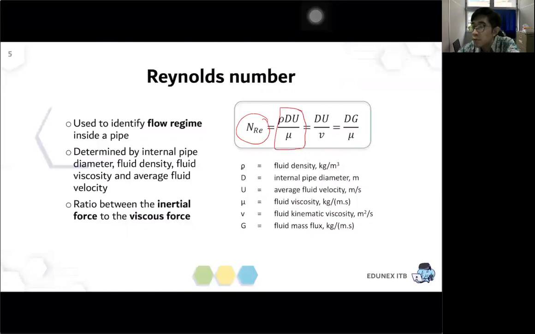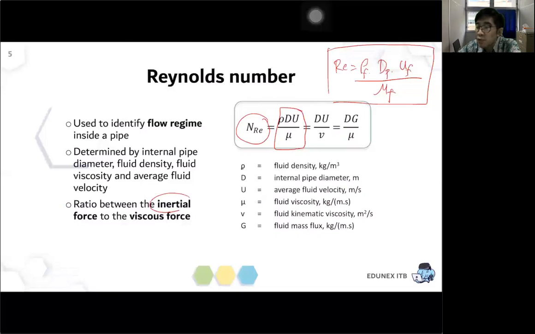Reynolds number equals density of the fluid times diameter of the pipe times linear velocity of the fluid, divided by viscosity of the fluid. By definition, the physical meaning of Reynolds number is the ratio between the inertial force and the viscous force.